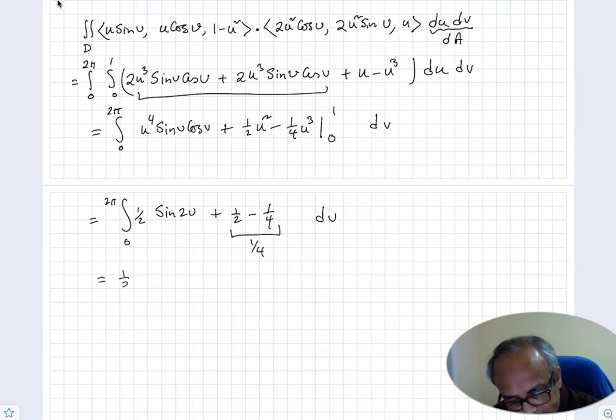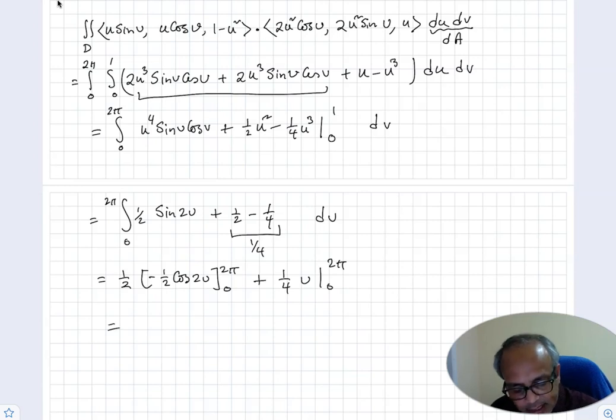So let's keep half. The integration will be negative half cos of 2v from 0 to 2 pi, and that part plus 1/4 stays here, v from 0 to 2 pi.